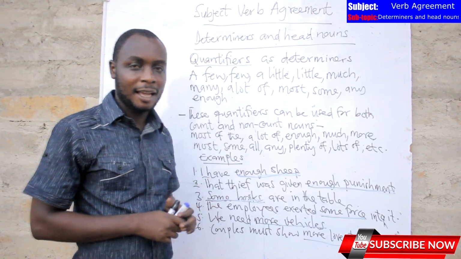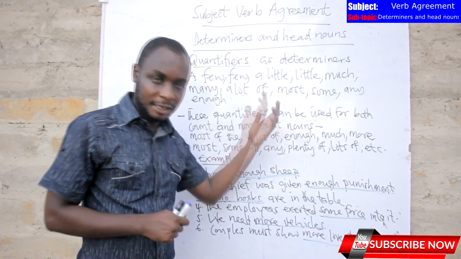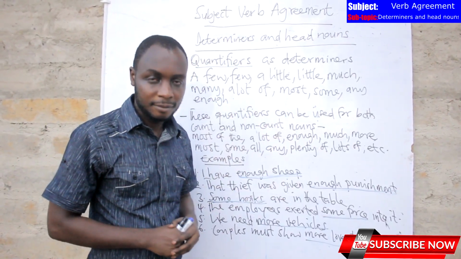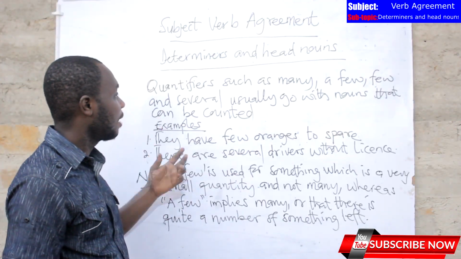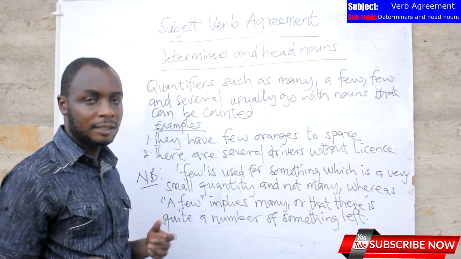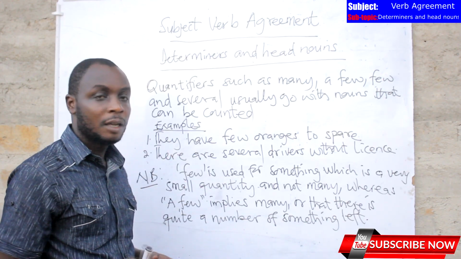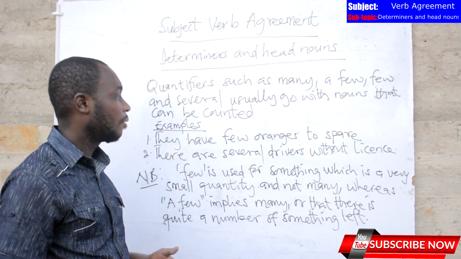So let's take another type of the quantifiers and the determiners as we progress. This is also another form of the quantifiers. And they are many, a few, and several.